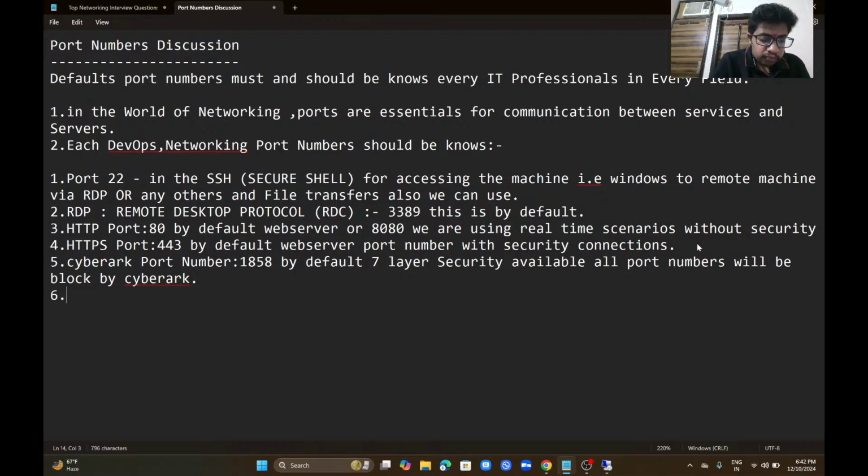After that, port 3000. What is 3000? Grafana, used for monitoring web traffic and dashboards.